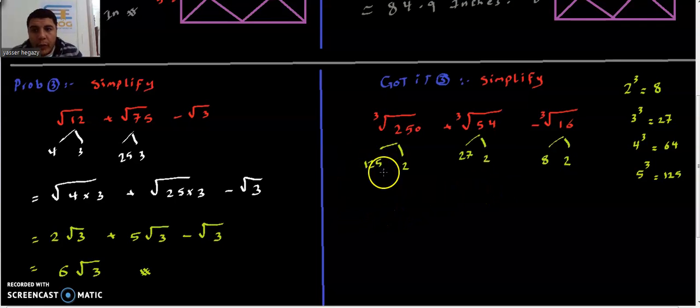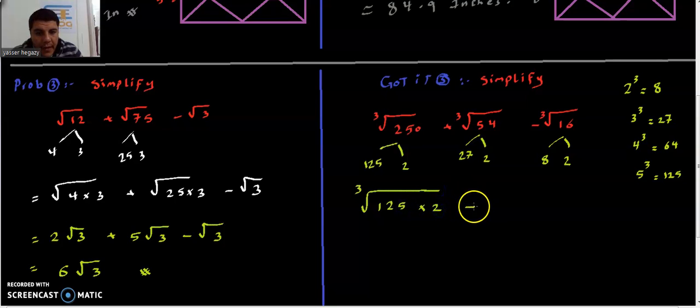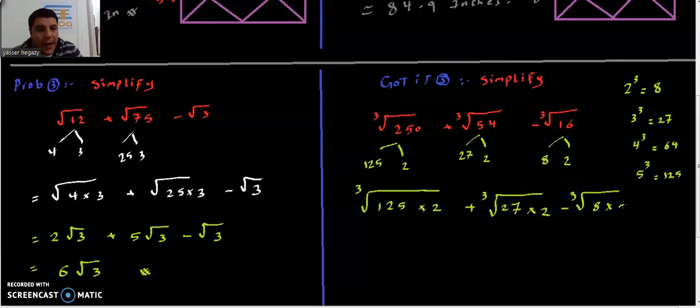So we take the cube root of 125 multiplied by 2, plus the cube root of 27 multiplied by 2, minus the cube root of 8 multiplied by 2.